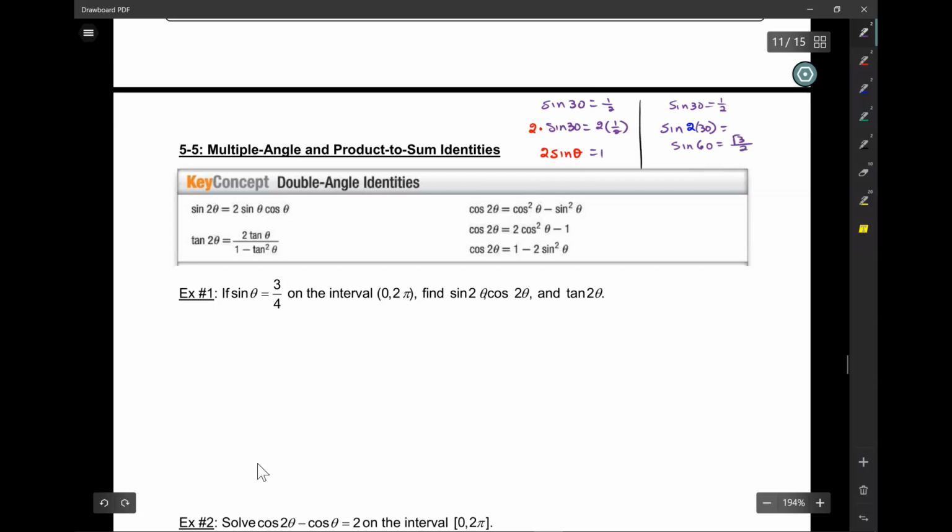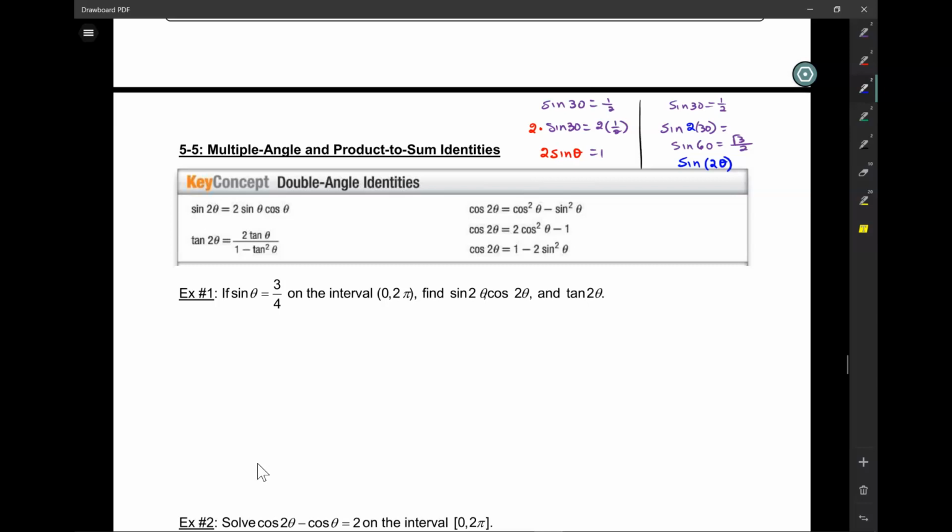A whole other situation than before. This is sine of 2 theta. So I have changed the angle altogether. Whereas before my angle was 30, now my angle is 60. So that's what double angle means.